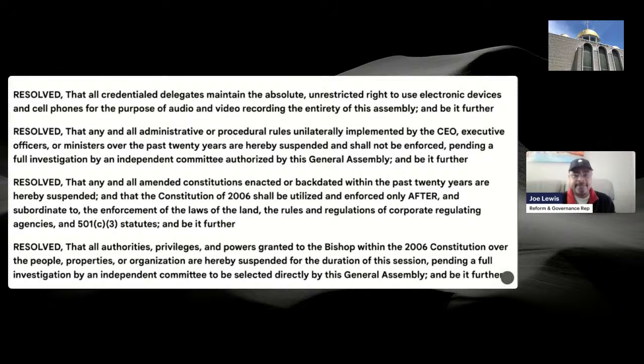Now, all this is saying is, first, the members of the General Assembly retain the right to utilize any electronic, if they so desire, recording device, to include cell phones, for the purposes of audio recording or video recording. Now, we're going to cover the laws of the District of Columbia, which protects the rights of the delegates to actually use the recording devices, both audio and video.